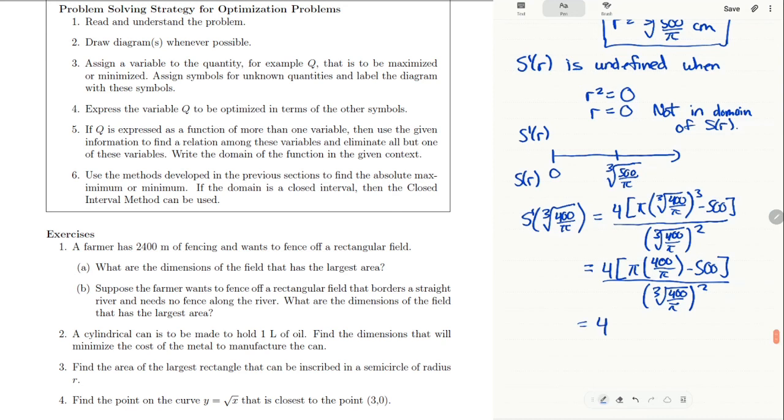The cube root and the cube will cancel, so that is 4 times 400 minus 500 over the cube root of 400 over pi squared. Simplifying, we get negative 400 over the cube root of 400 over pi squared. This is a negative number, which means the function is decreasing on this interval.